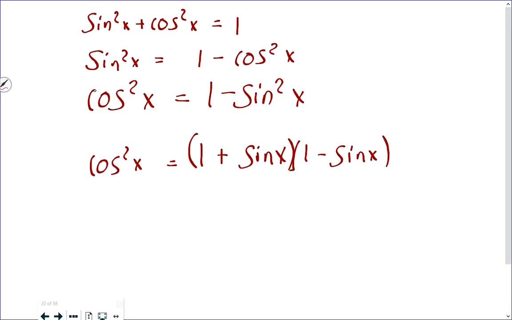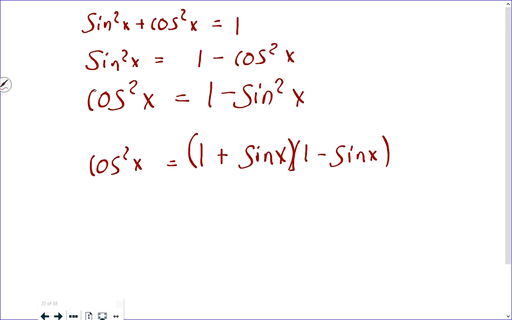Miles? Sine times sine is sine squared. 1 times 1 is 1. Yeah. That's how it works. 1 times 1 is 1. Yep. Negative sine x times sine x gives you negative sine squared x. And what about the outer and inner? Why don't we worry about those? They cancel.